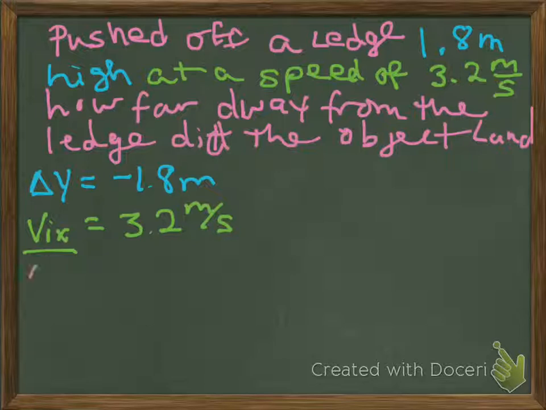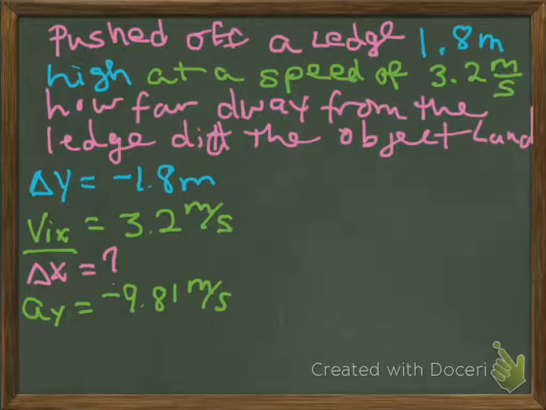We don't know delta x. And just due to the problem itself, we know that AY is equal to negative 9.81 meters per second squared. We know that AX is equal to 0. And we also know that the key to linking this all together is going to be my time.